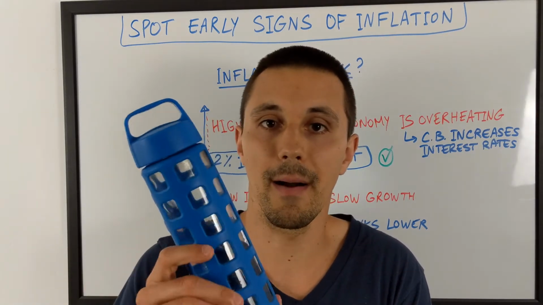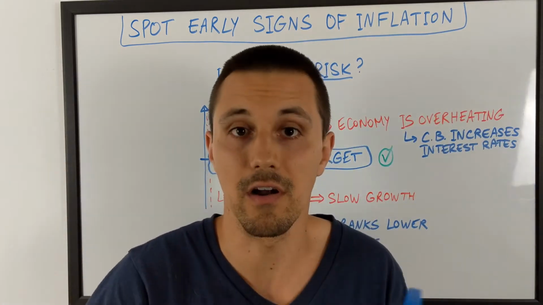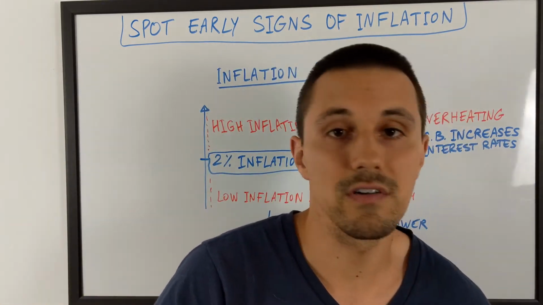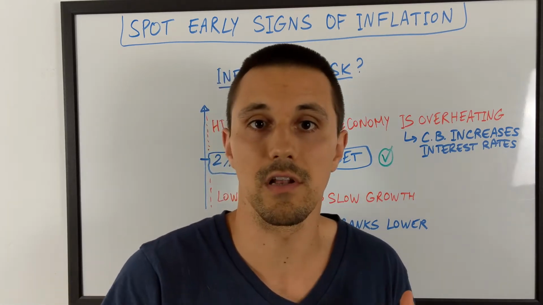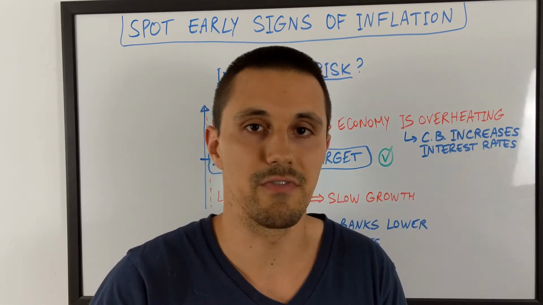So if fewer people are buying my bottle on a country level, then of course it creates fewer jobs and fewer job opportunities and just slower growth, which is bad in general for the economy.